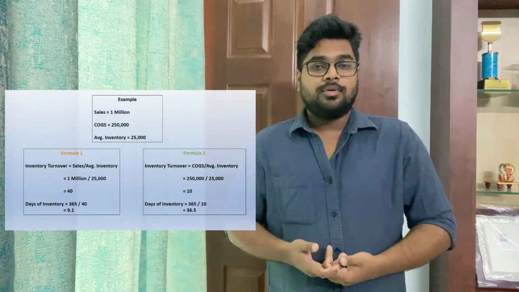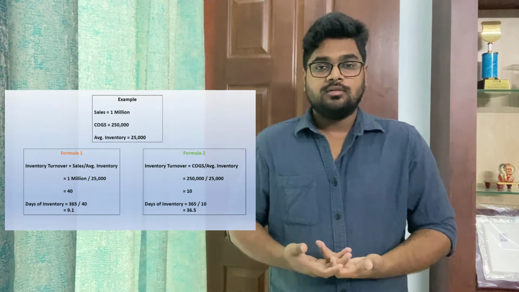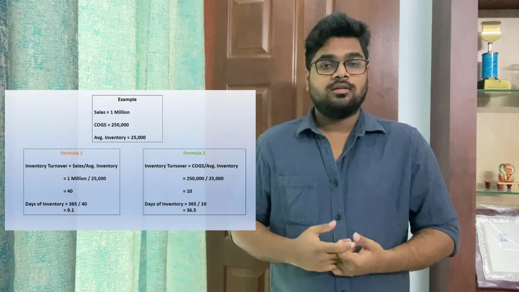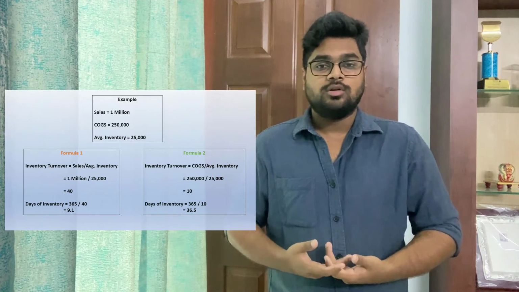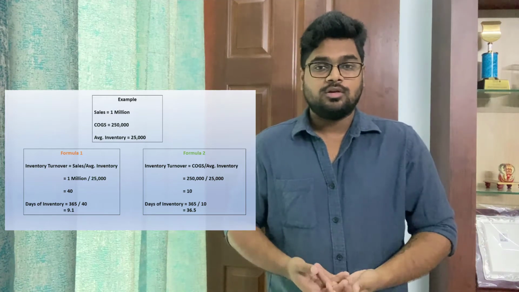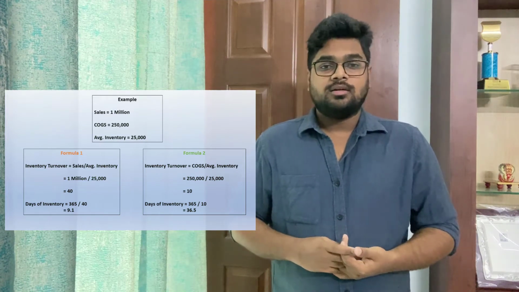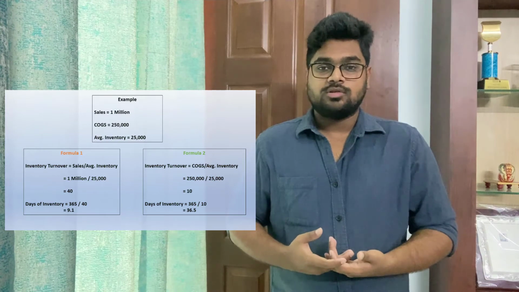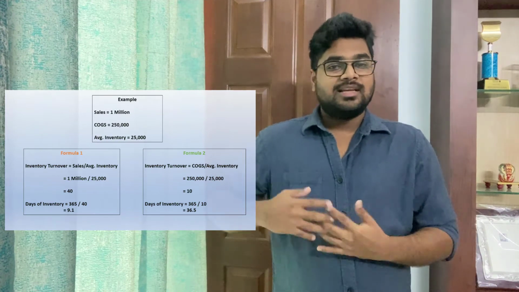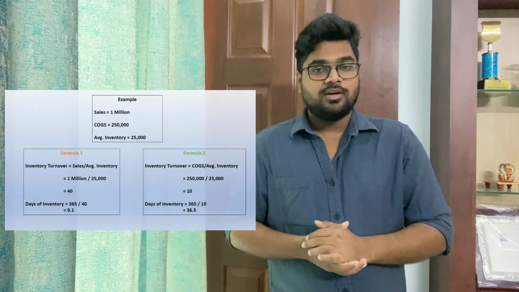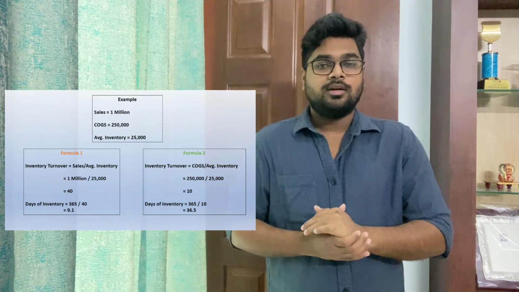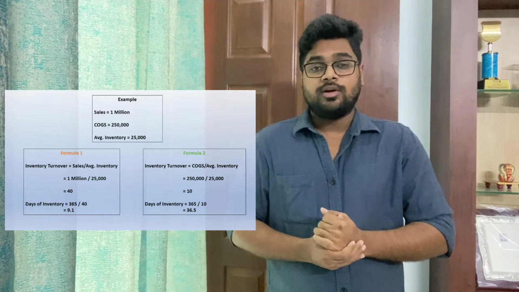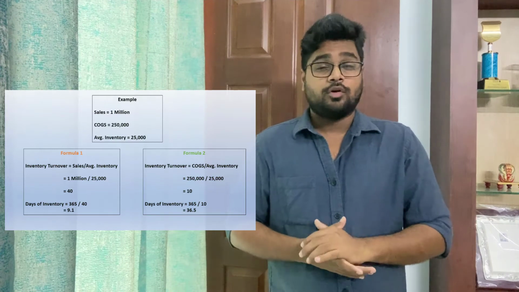So let's say a company does sales of 1 million. They have their cost of goods sold, COGS, as $250,000, and their average inventory is $25,000. Now, by the formula of sales divided by average inventory, that's 1 million divided by 25,000, it gives you an inventory turnover of 40.